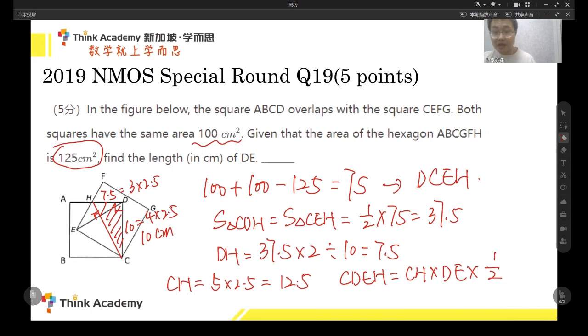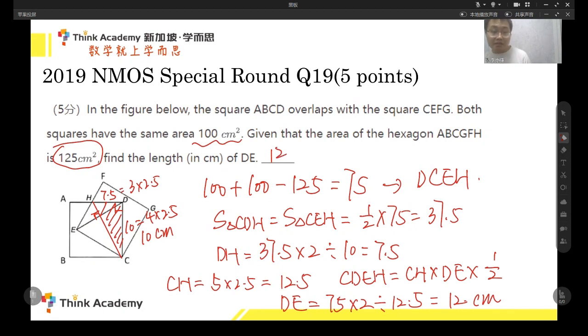So this is an area formula of a certain quadrilateral. Then we know CH, right? We know the area of CDEH. Then we can calculate DE. So DE should be the area of CDEH times 2 and then divided by CH, which is 12.5. So which means it will be equal to 12. And that is the answer.